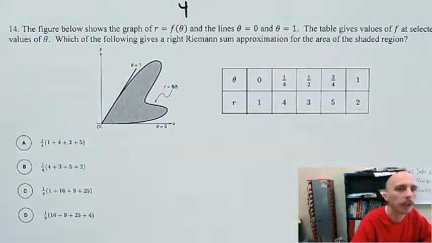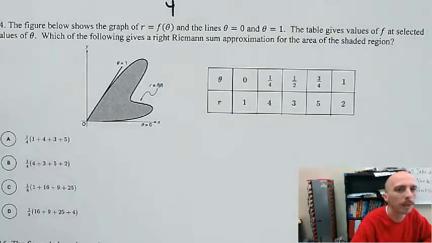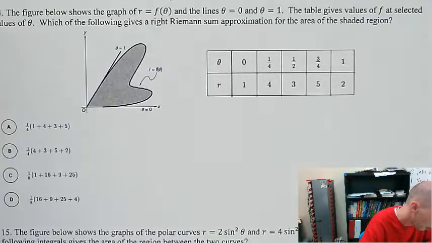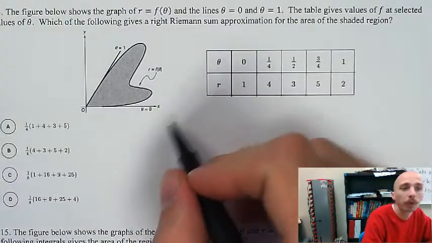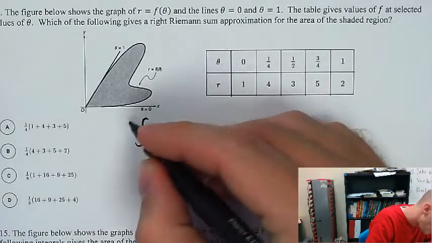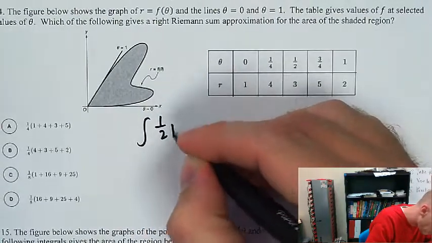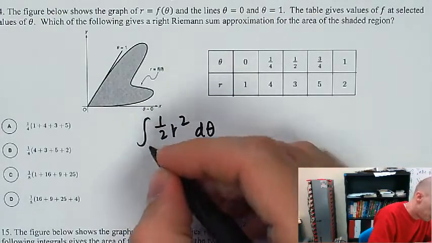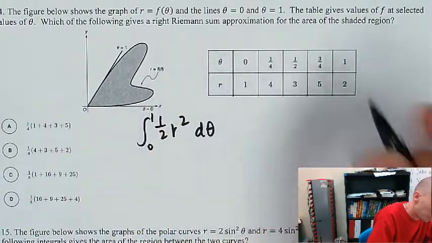All right, figure here. Ah, right, Riemann sum approximation. That's good. I'm glad I put this one on here. Okay, so what we're going to do is write down the integral we're trying to approximate with a Riemann sum. We're going to approximate the integral of 1/2 r squared d theta from theta equals 0 up to theta equals 1.